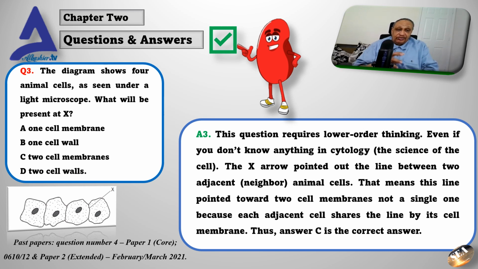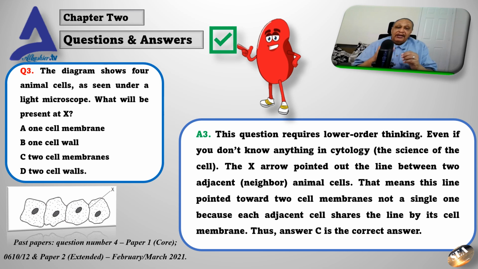In each question, I will bring you the number of the question and also the past paper in which this question appeared. The question says the diagram shows 4 animal cells as seen under a light microscope. Again, under light microscope is important given information.